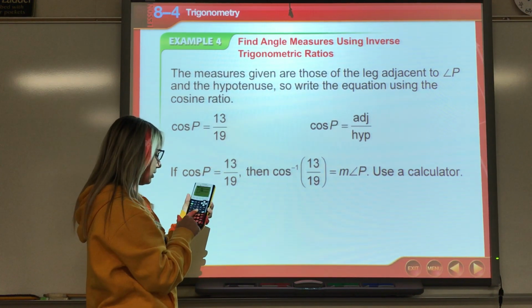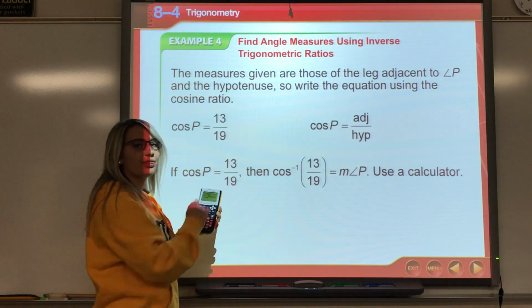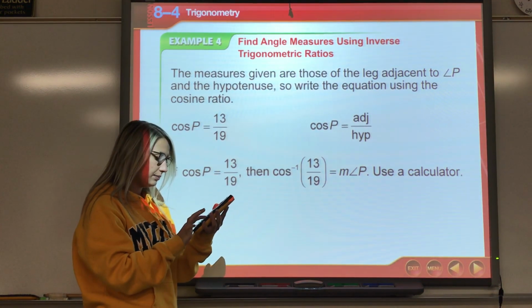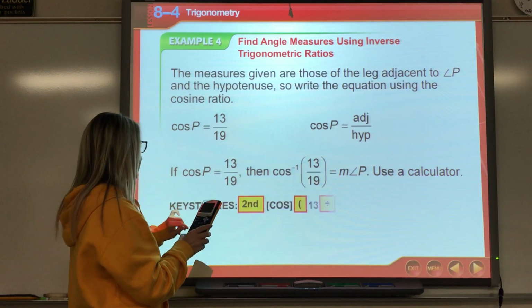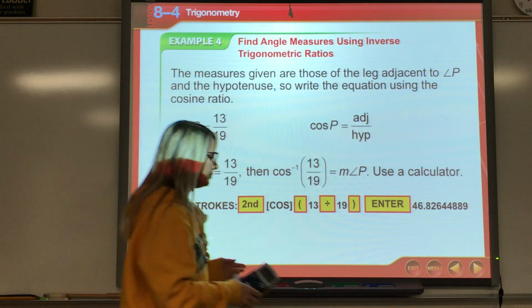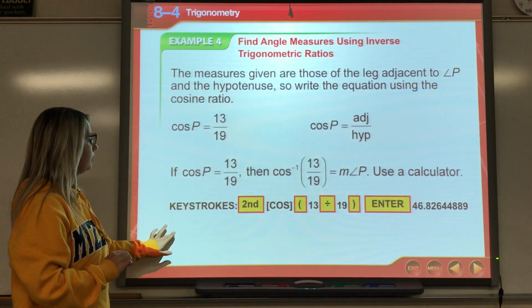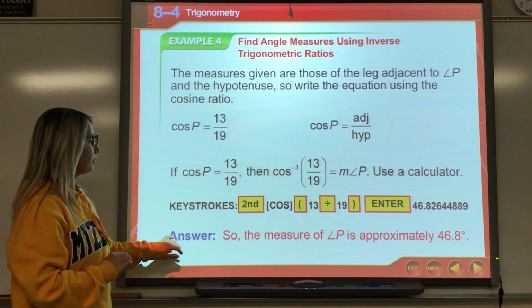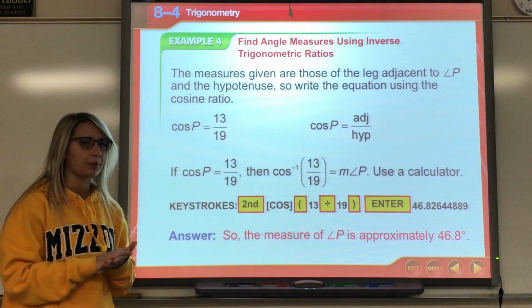I would press second cosine, and then 13 over 19. I got 46.8, and that's what we should have gotten. So our measure of angle P is approximately 46.8.